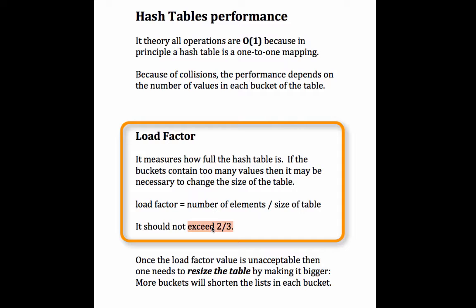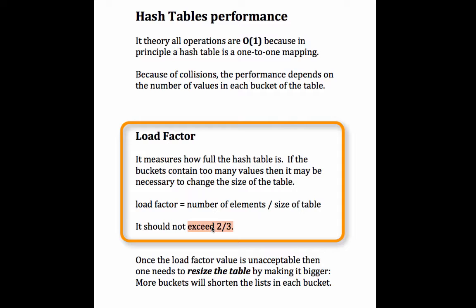Our linked lists are becoming too long. It's very important that we keep a balance between the size of the table, the number of indexes, the number of buckets that are available, and the length of the linked lists that we put in the buckets assigned to each index on the table. So we have to create a balance, and the number that determines that balance is the load factor.